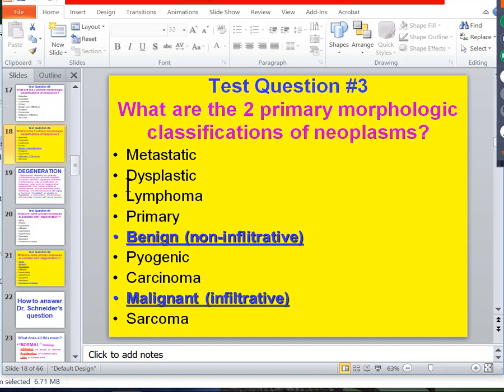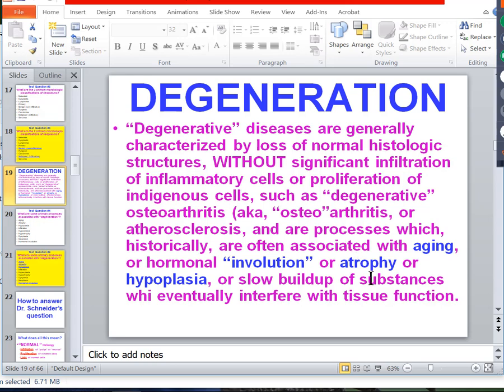Okay, let's talk about this third classification of diseases. We talked about infiltration by inflammatory cells. We talked about proliferation of cells. Now we're going to talk about loss of cells. And the concept of degeneration, basically, as one word, could be called cell loss. Actually, that's two words.